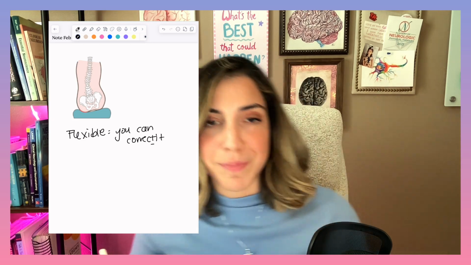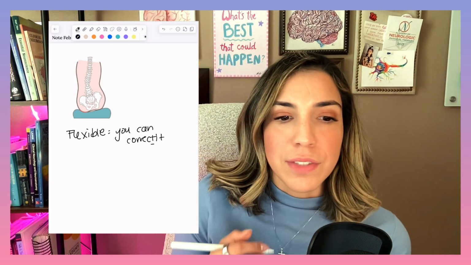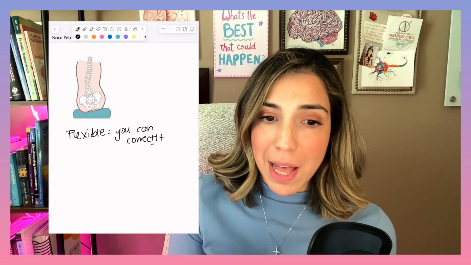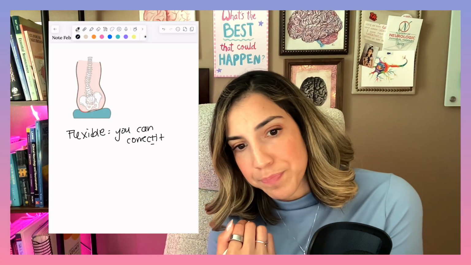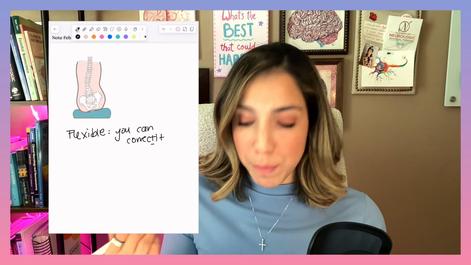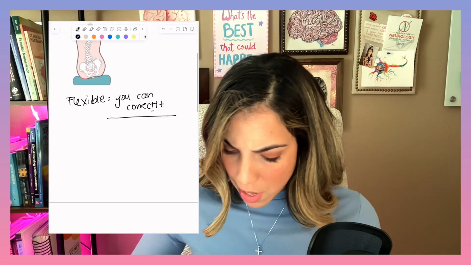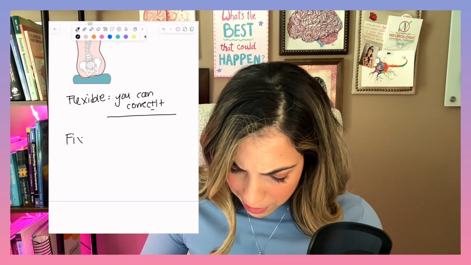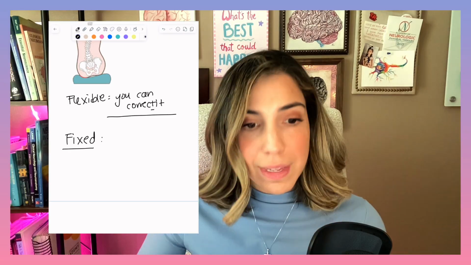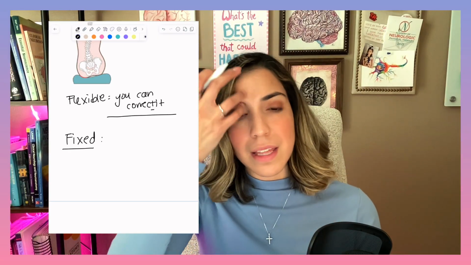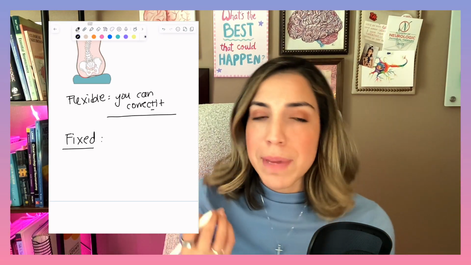You will be able to move the pelvis out of that posture and back to a neutral pelvis. When we're talking about fixed, it means you might not be able to correct it, right?